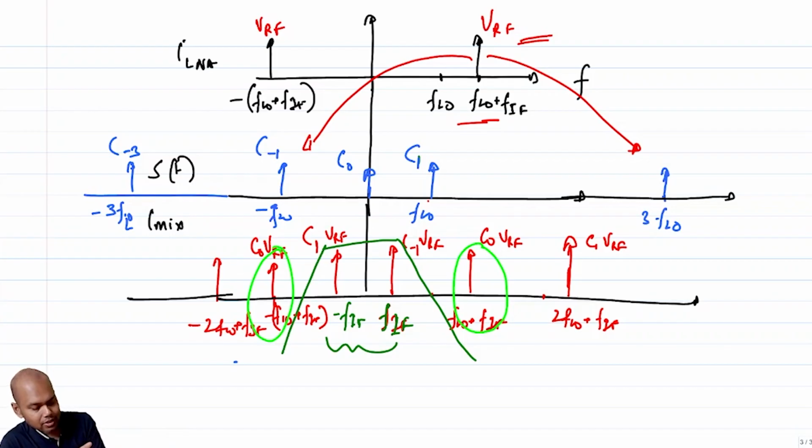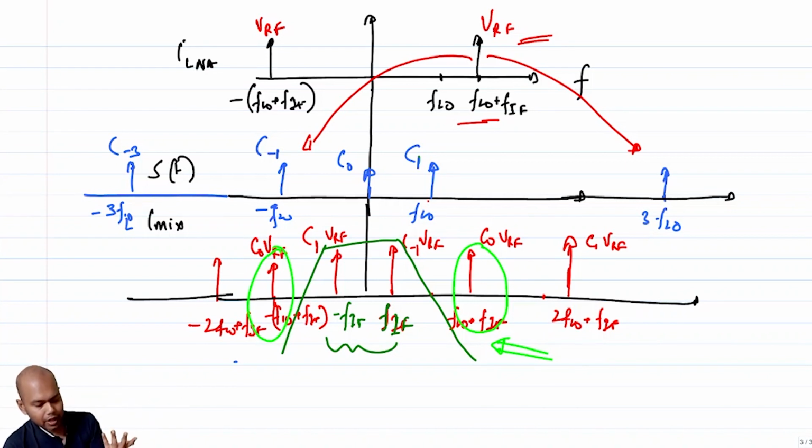So basically this is the input directly coming through. Your antenna had an input at FLO plus FIF. The whole idea of putting a mixer is converting that FLO plus FIF into FIF, but because of the presence of this tone, you are seeing a scaled version of the input signal directly coming through, correct?